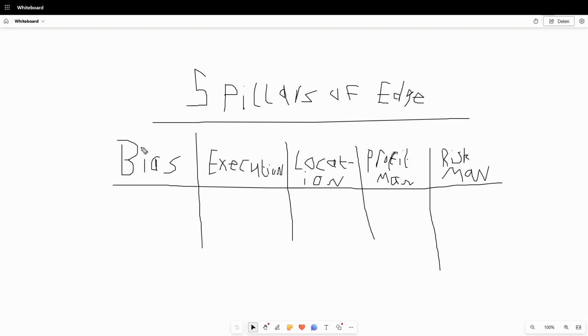So basically, first we're going to start off with bias. And bias is, are you willing to buy or sell? So when you open the chart and you're doing your analysis, are you willing to short today or are you willing to buy today?